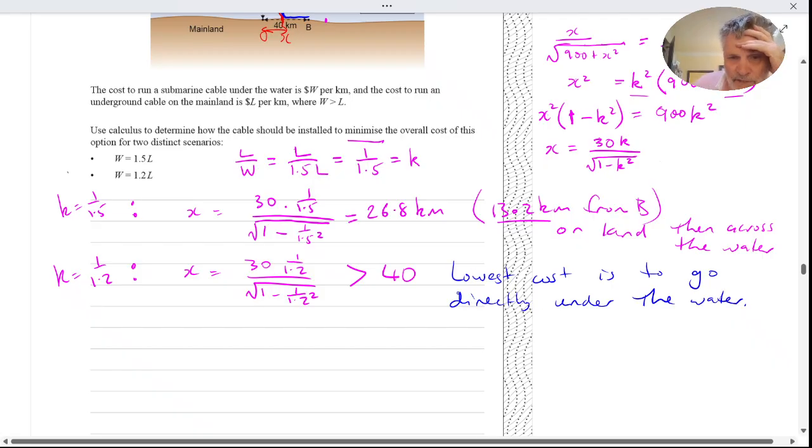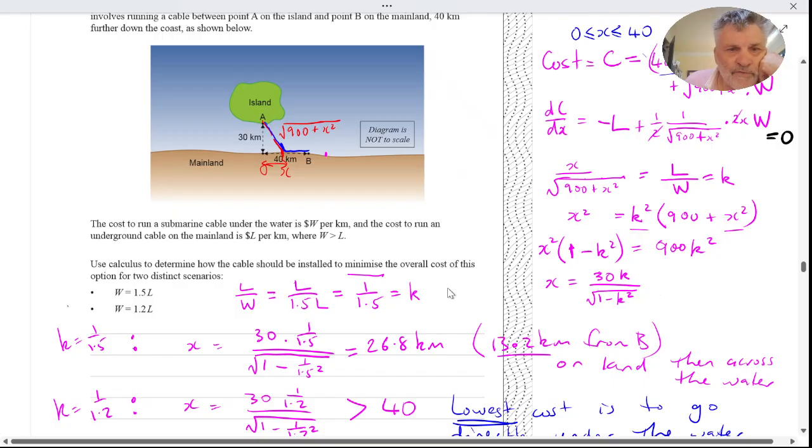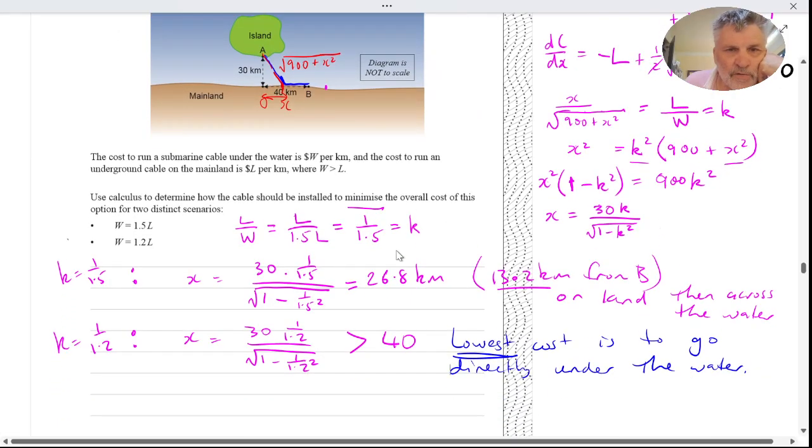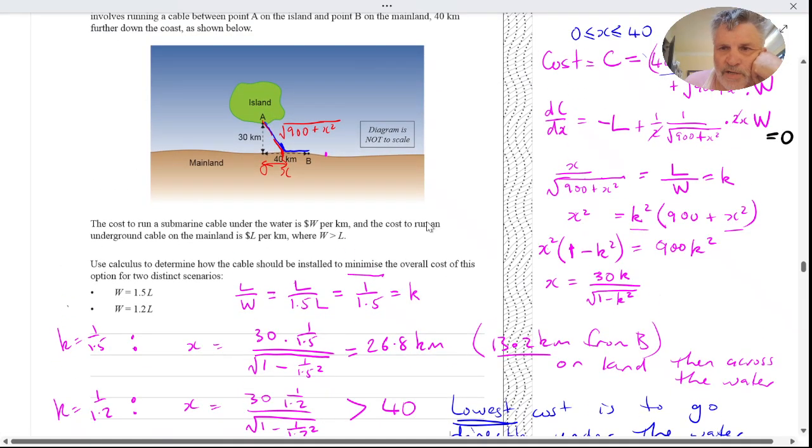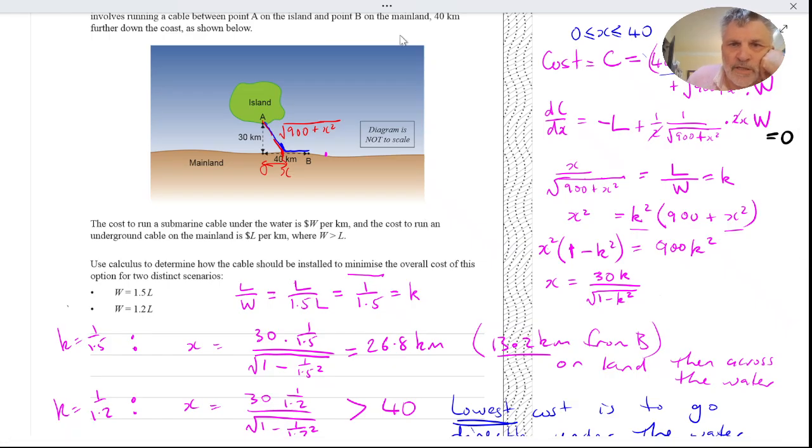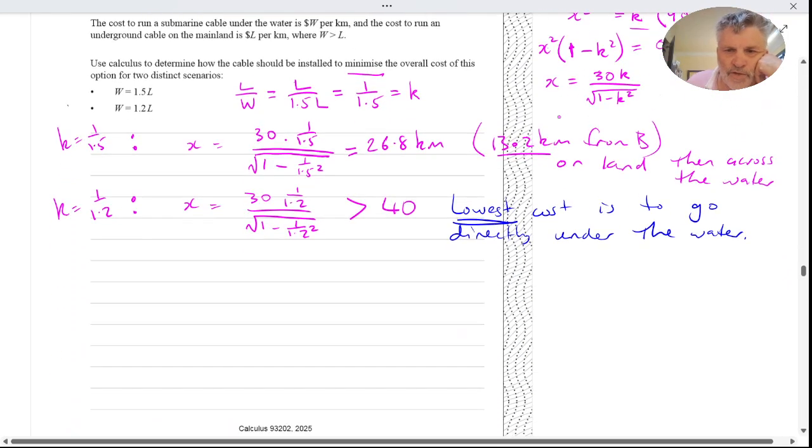And up to this point, we've been assuming that we've got the lowest cost here. We do need, for this question, to show that we've got a minimum, and one way to show that is to find a second derivative. So we could find d2c by dx squared.